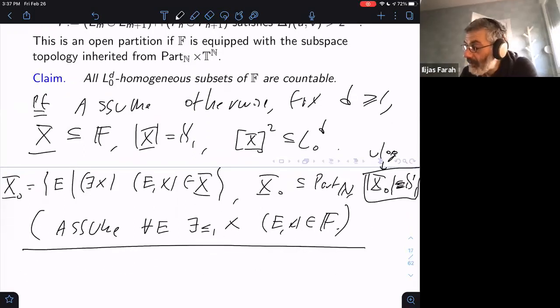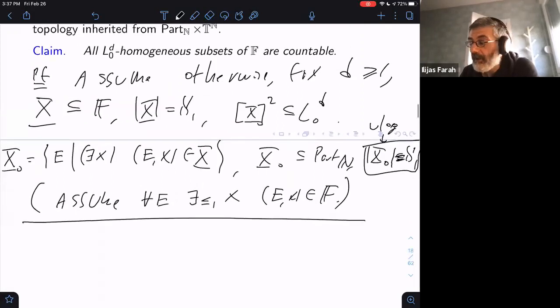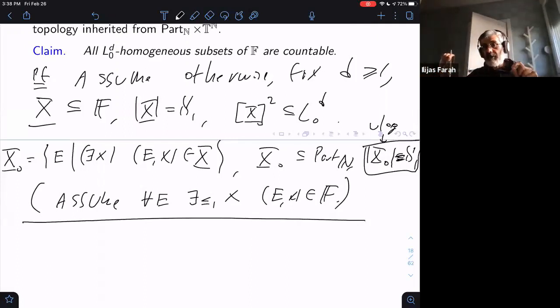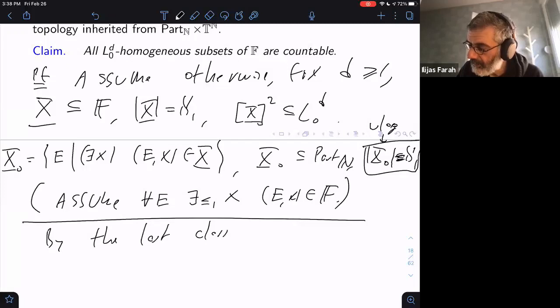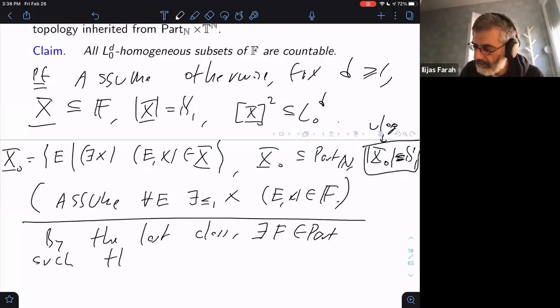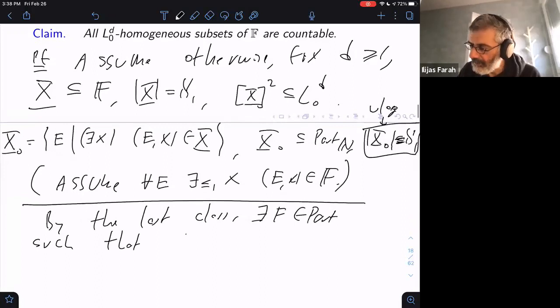All right, so anyway, we have X0, which has cardinality aleph-1, and now from what we proved before, we can find a single partition in part that bounds an uncountable subset of X0. Right, so by the last class, there exists F in part such that the set of all E in X0 with E less or equal than F is uncountable.